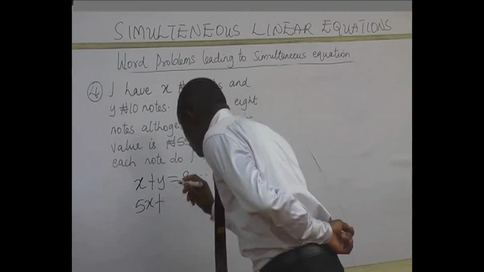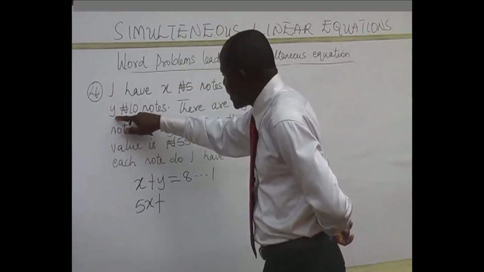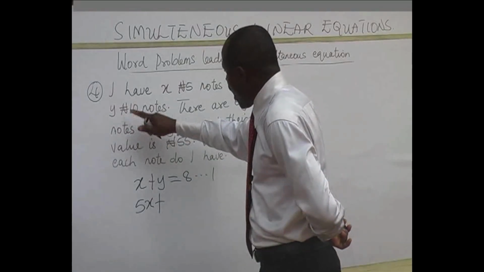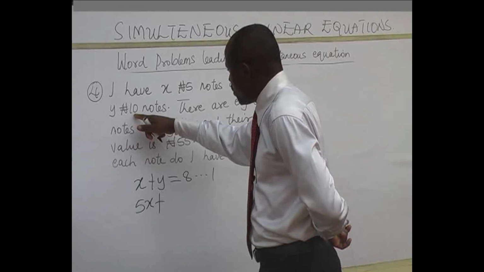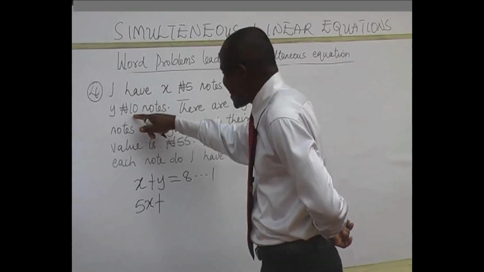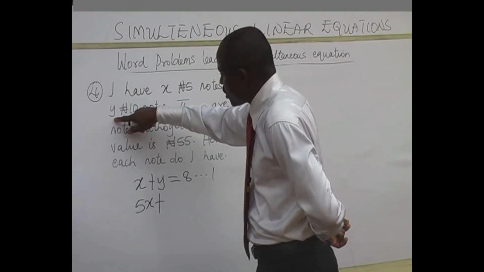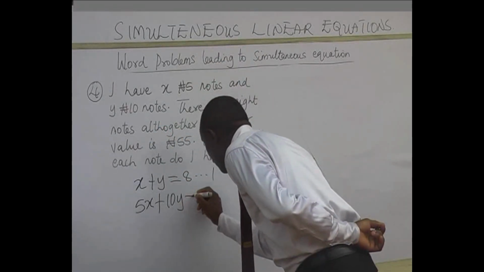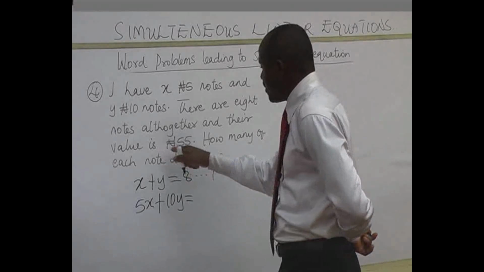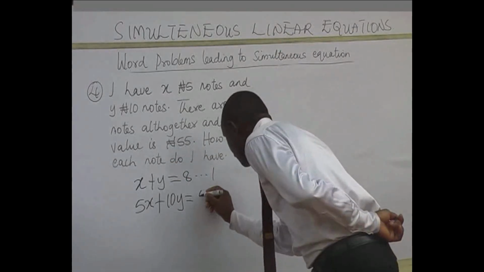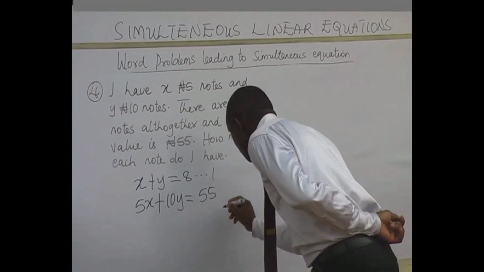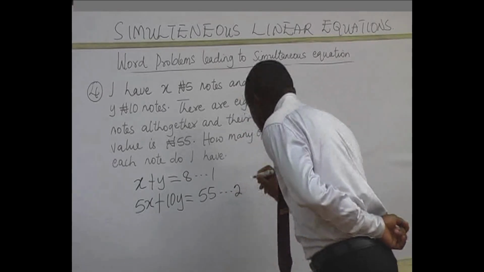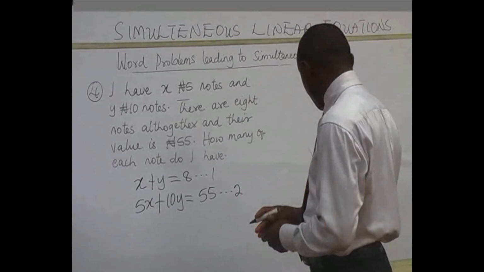Now, if you add it to Y number of 10 naira notes, which will have the value of 10 naira times that number it has, which is Y, that is 10Y. The question says that they have the value of 55, so it is equal to 55. This has given you your second equation.